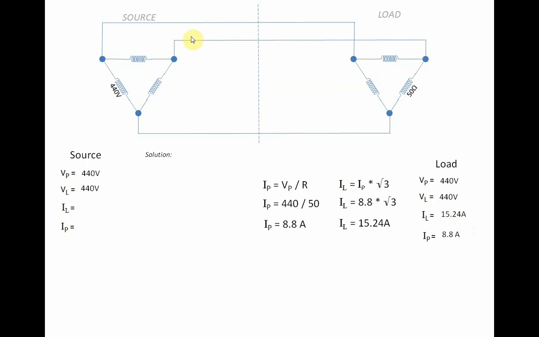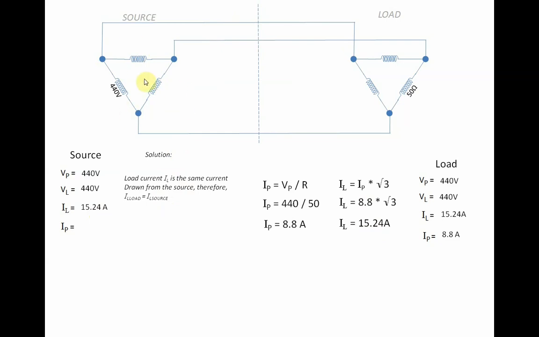how much then is the line current that comes from our source? Of course, since 15.24 amperes is delivered here, it is coming from our source, which is also giving 15.24 amperes. So the line current is 15.24.